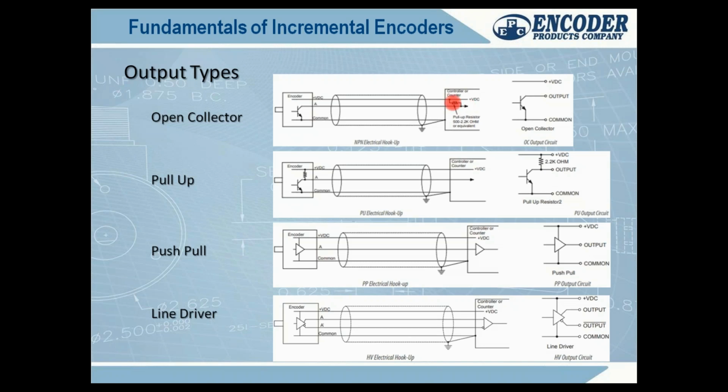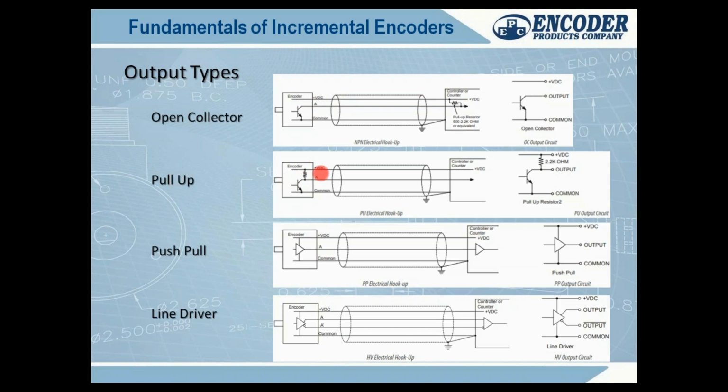But sometimes maintenance items, or if you don't really care what the pull-up resistance is, 2.2 kilo ohm is very popular. That means we install it. So you just slide this thing down to Encoder product side, and we put it in for you to eliminate that headache.